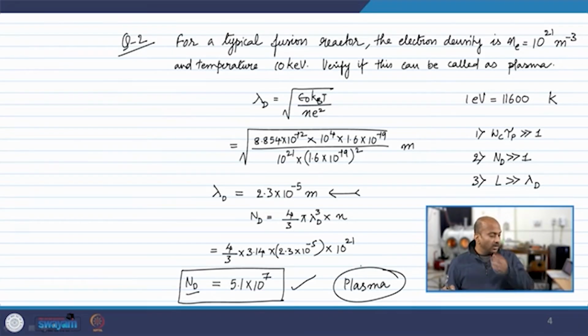So, this is the basic idea. Similarly, using the formulae of lambda d or simplified formulas of Debye length, plasma frequency, etc., we can quantify whether a particular gas would be a plasma or not.